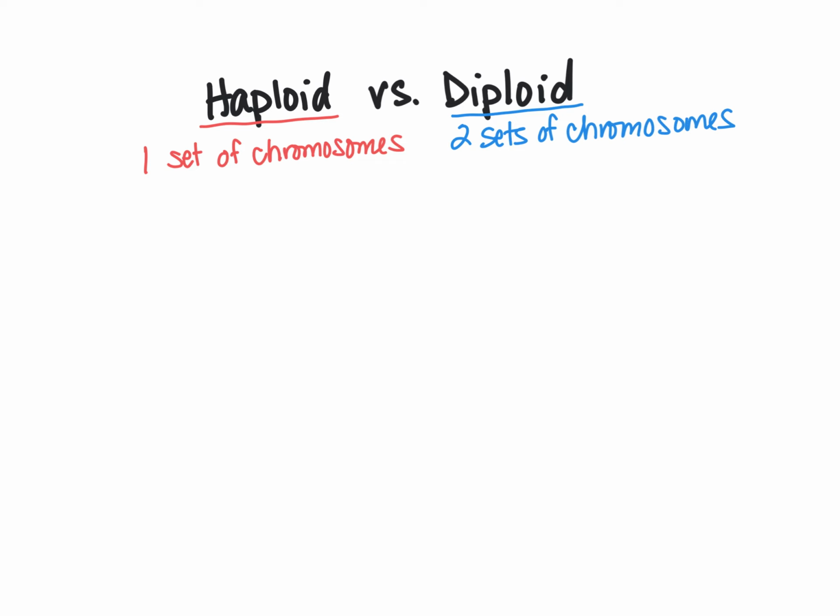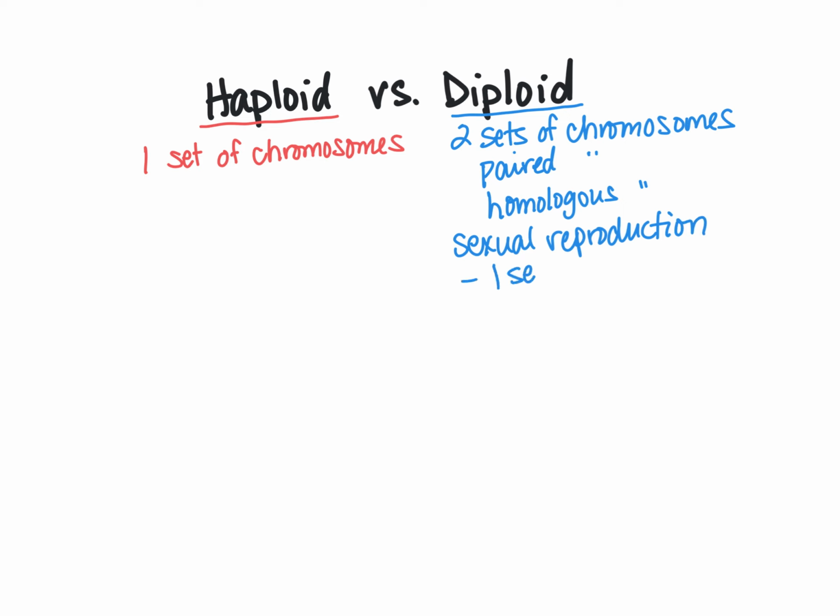And these two sets of chromosomes, we typically call paired chromosomes. And these paired chromosomes are also known as homologous chromosomes. The paired homologous chromosomes come from sexual reproduction. So one set comes from one organism and one set comes from a different organism.